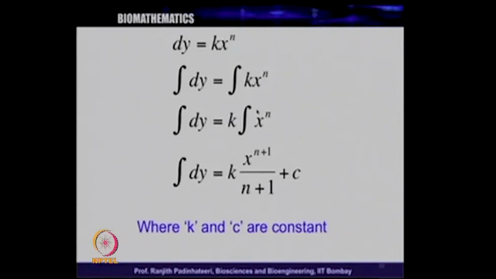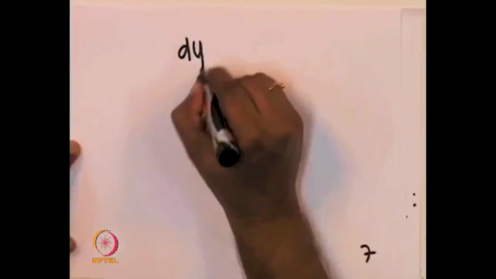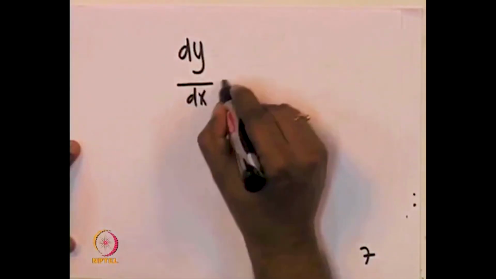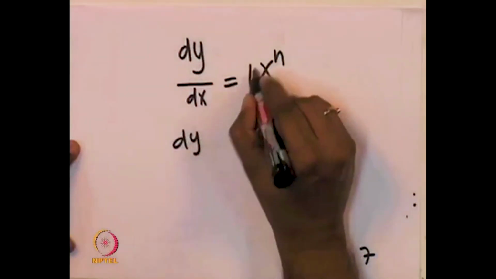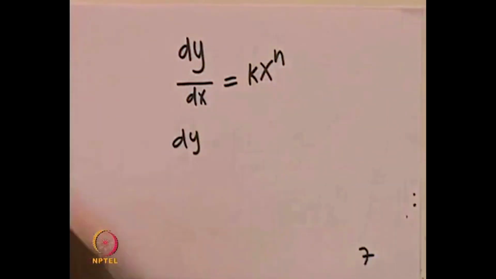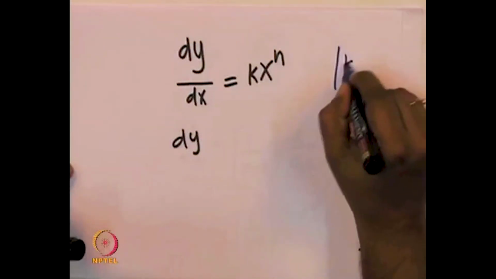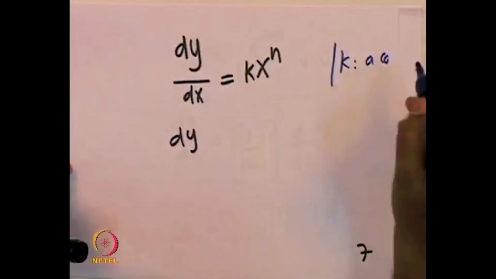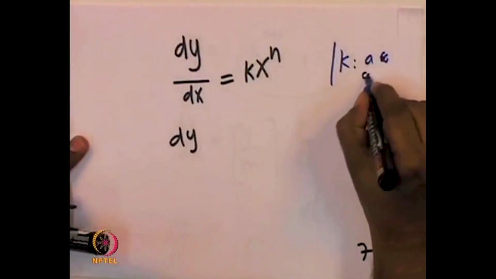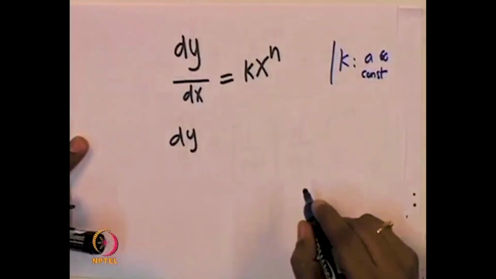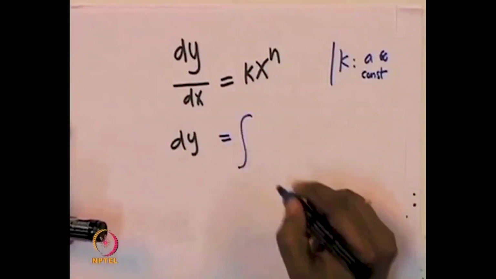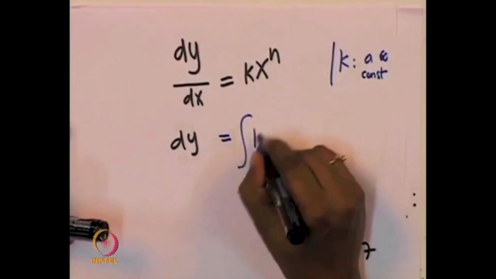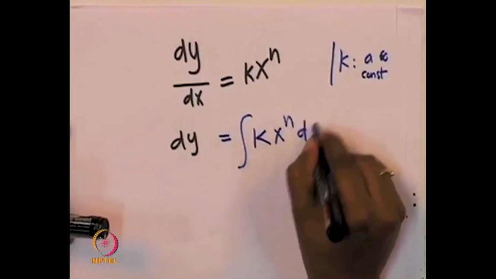The correct thing is what I am writing here: dy by dx is k x power n, where k is a constant. k is a number.